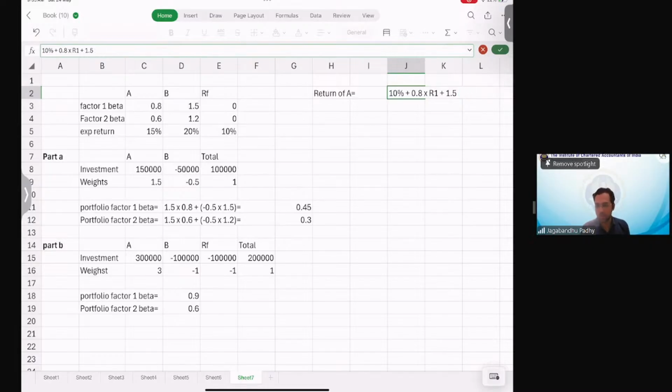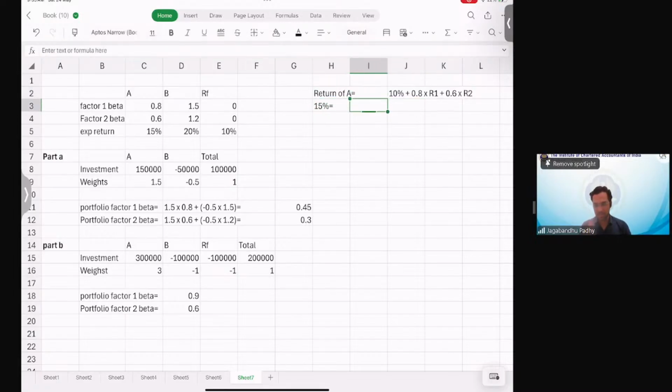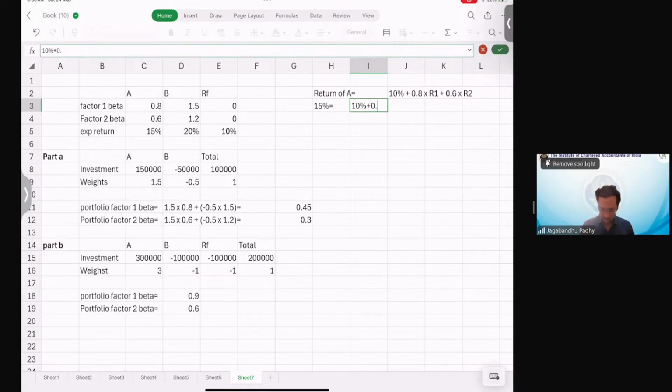So I'm talking of R1 and R2 over here. Return of A is anyways going to be 15%. So 15% is equal to 10% plus 0.8 R1 plus 0.6 R2.